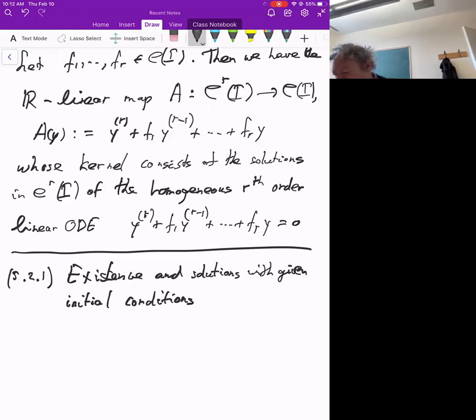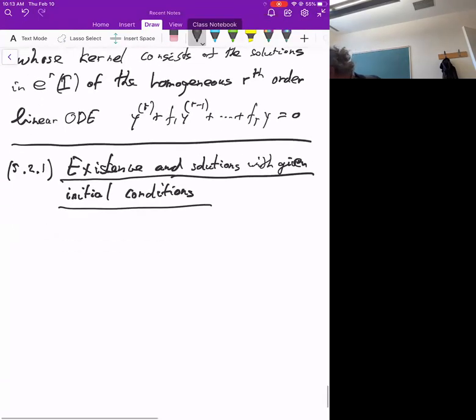In general, for a more general R-th order differential equation, let's say y^(R) equals some polynomial in y, y prime, up to y^(R-1), you have locally at each point with given initial conditions solutions, but they might not extend to the whole interval I. But for linear ones, that is always possible, and that is a very important fact.